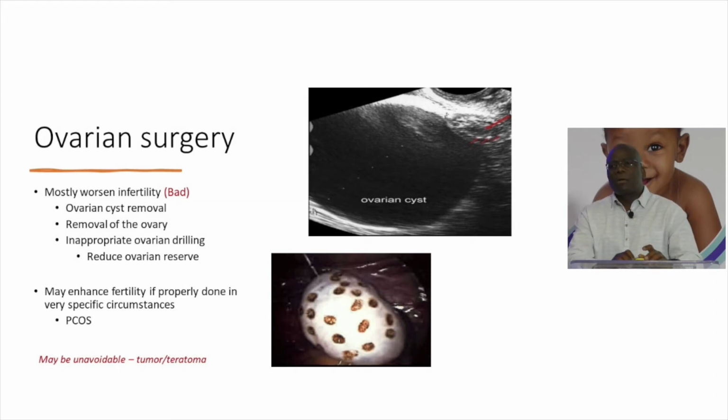Of course, there's a place for ovarian drilling, but it must be done appropriately and preferably by a fertility specialist. And it is done under very specific conditions. Not all patients with PCOS will benefit from ovarian drilling.